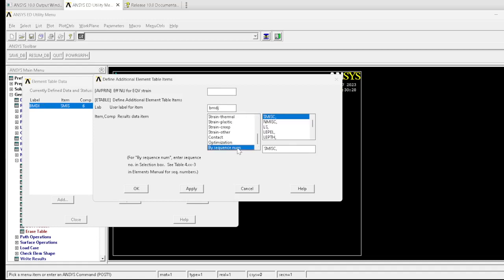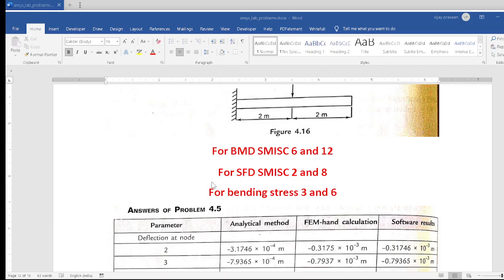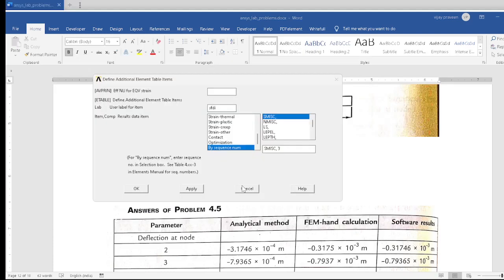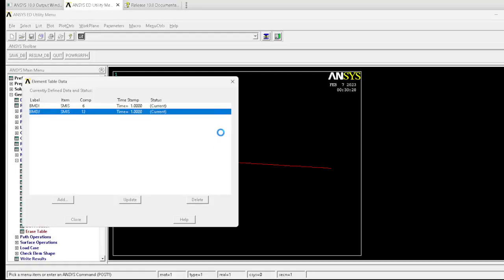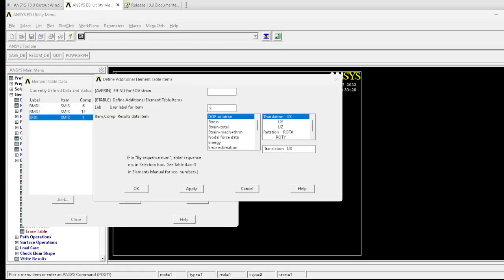By sequence SMIC comma 6 comma 12, apply. Now for SFD for I node, again same by sequence number SMIC comma 2 comma 8. So first 2 for I node, and for J node we need to give 2 comma 8, means SMIC comma 8.